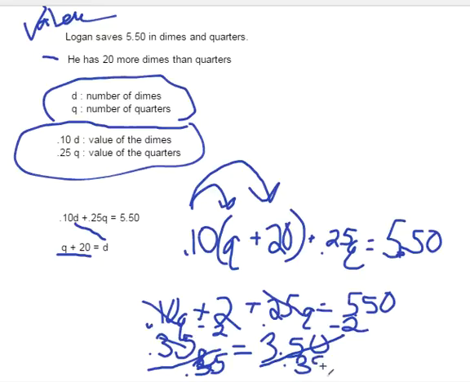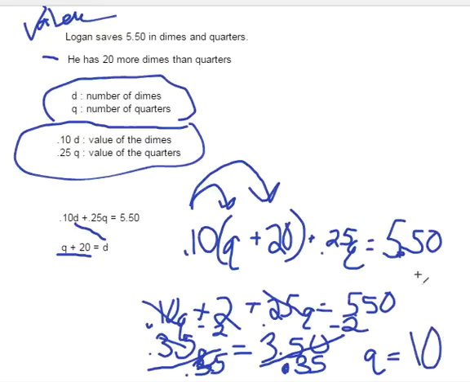So I'm also going to divide $3.50 by 0.35. And I end up with Q equals 10. So this means the number of quarters we have is 10.